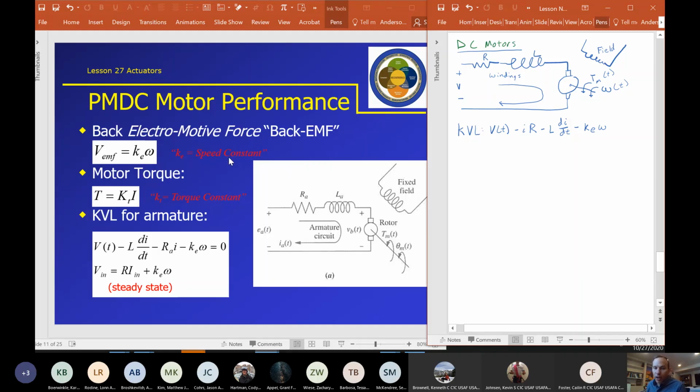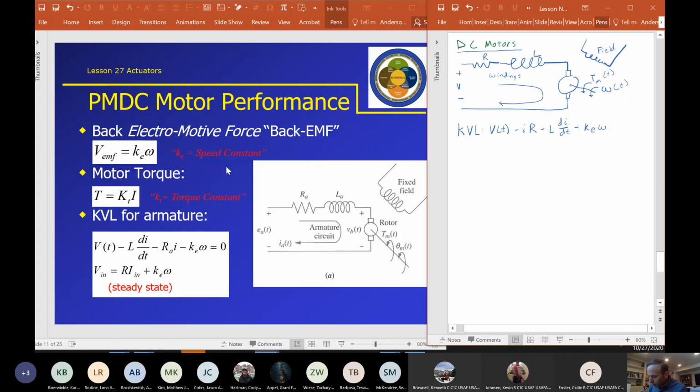It appears to us as a voltage that is generated by the motor in opposition to what we're trying to do. You could think of it almost like a resistance to motion, but it's in the form of a voltage.